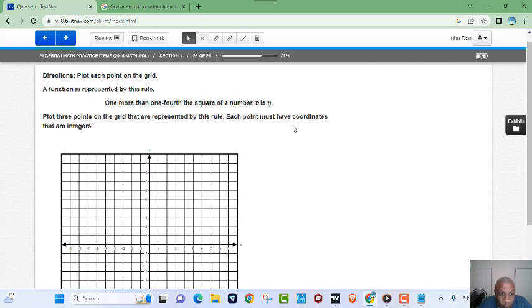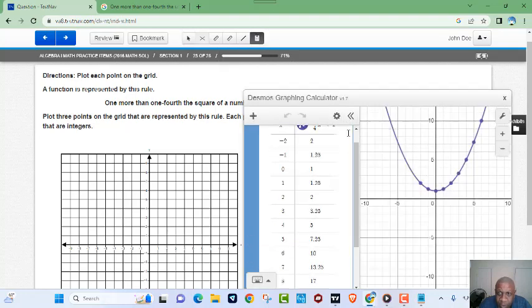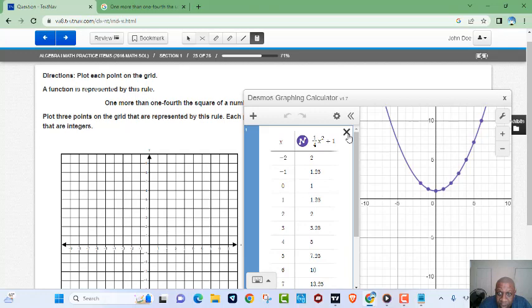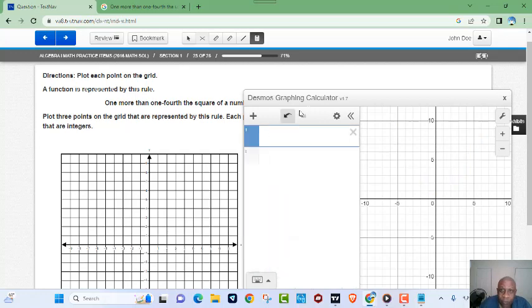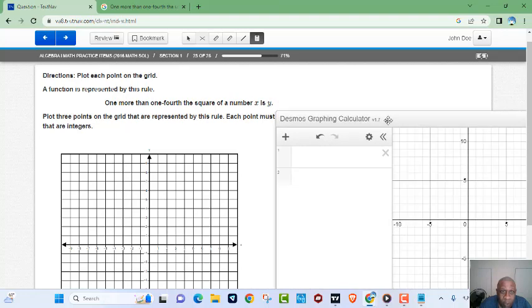Each point must have coordinates that are integers. Okay, well, let's open up Desmos again. Let's get rid of all of this here. All right, so what do we have? One more than 1/4 the square of a number x is y.